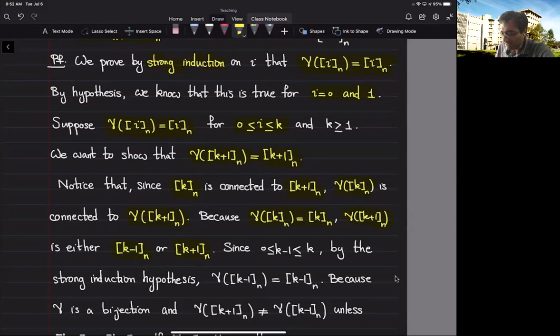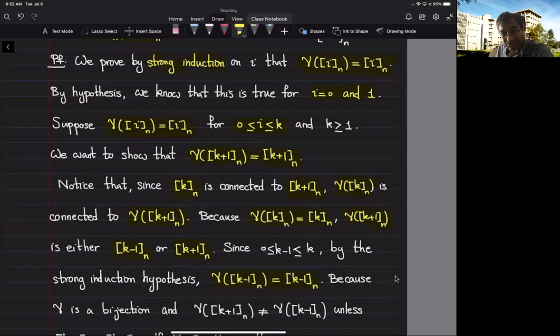But we claim that it cannot be k minus 1. Why is that? Because again, by the strong induction hypothesis, I know that for all the numbers that are at most k, I have this equality. In particular, I know gamma of k minus 1 is k minus 1.